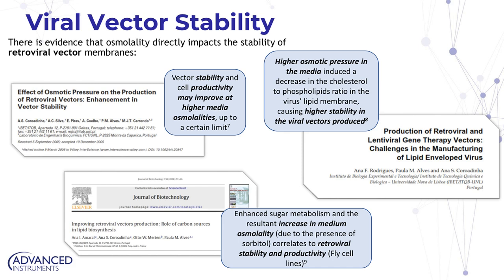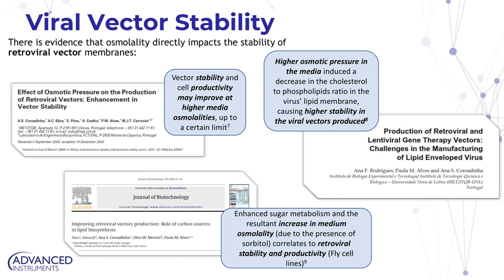But here I wanted to start, if you see up in the upper left-hand corner, there's a group that's really been looking at the relationship between osmolality and the stability and productivity that they're seeing within their vectors. As usually happens within academic laboratories, you have a finding and then you dig a little deeper into the why.